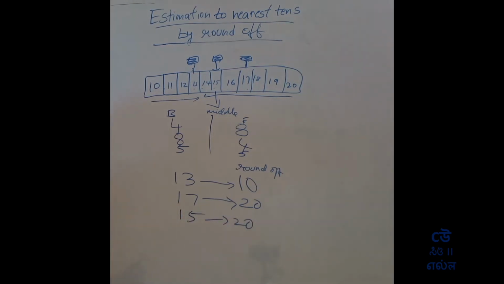Understood, children? If we get 5 in the number, then we'll be rounding off that number to the bigger number. Understood, children? That is how to round off tens, 2-digit numbers.